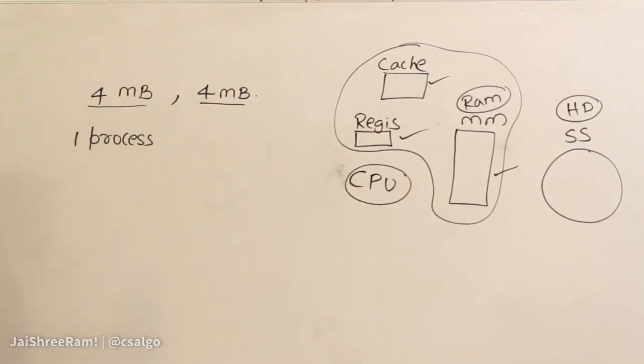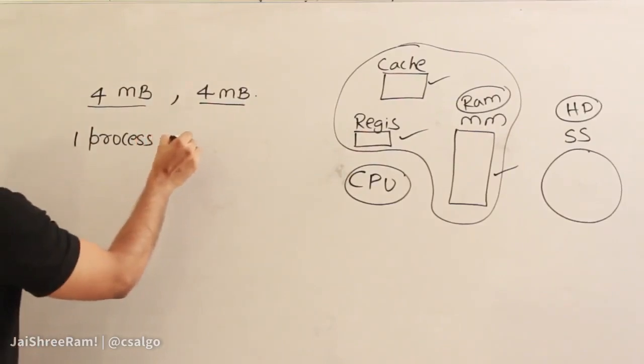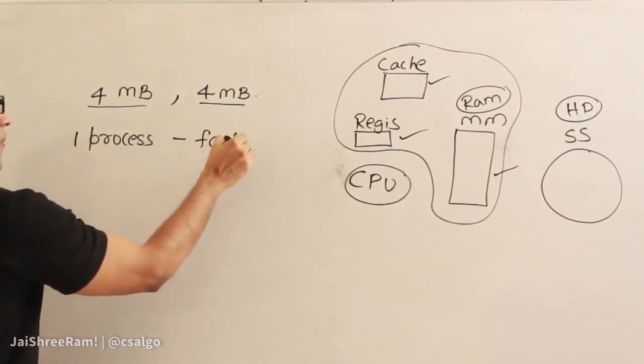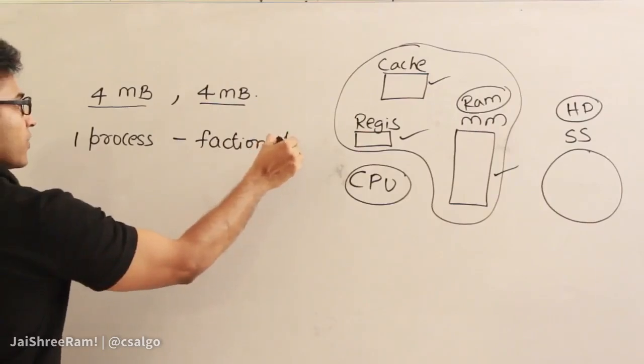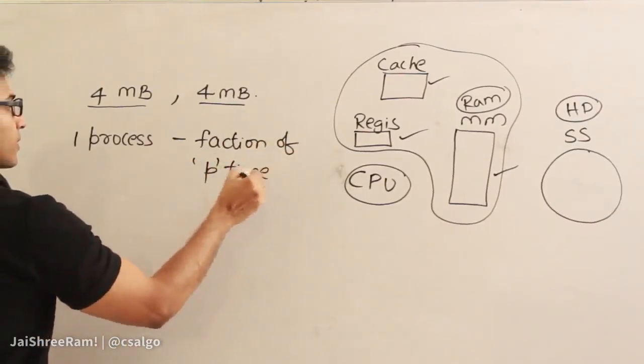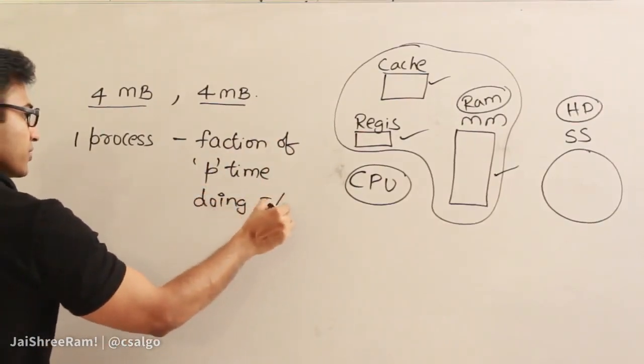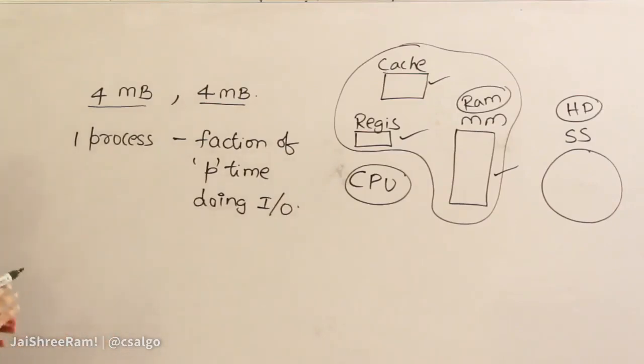Only one process, right? Now if this particular process spends a fraction p of its time doing IO, which means if you schedule the process, it will spend a fraction p of time doing IO, then what will be the CPU utilization?